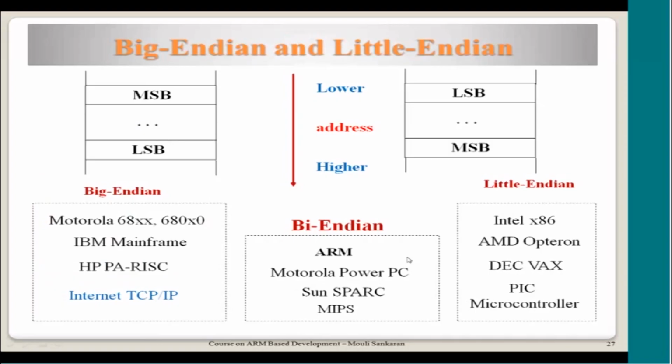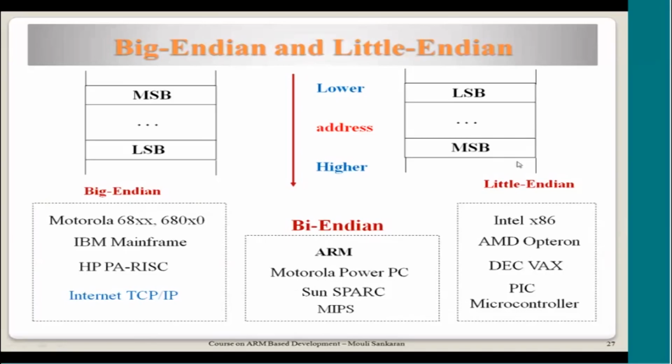Now let us see how different processors in the market implement endianness. These processors from different companies use the big endian mode of saving values from register to memory, and these processors use little endian.